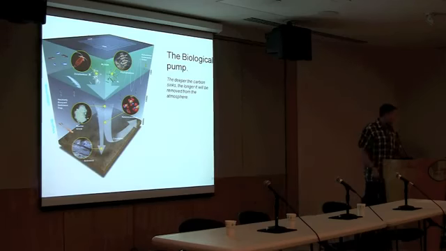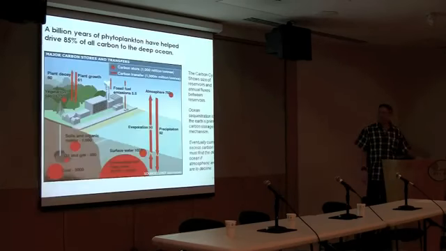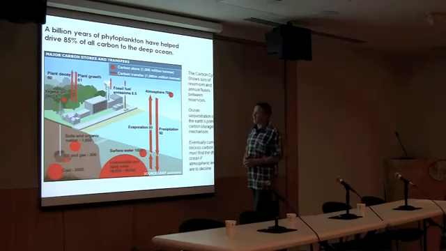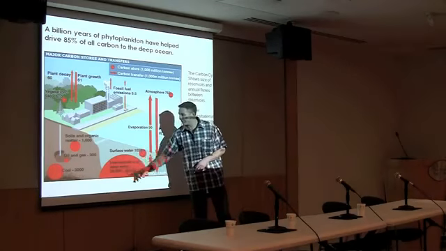And that forms this process that oceanographers call the biological pump, which is sunlight stimulating the growth of plant matter, which ultimately sinks down to the bottom of the ocean, taking that carbon from CO2 with it. And that process, over 1 billion years, has driven a lot of the world's carbon into deep water.